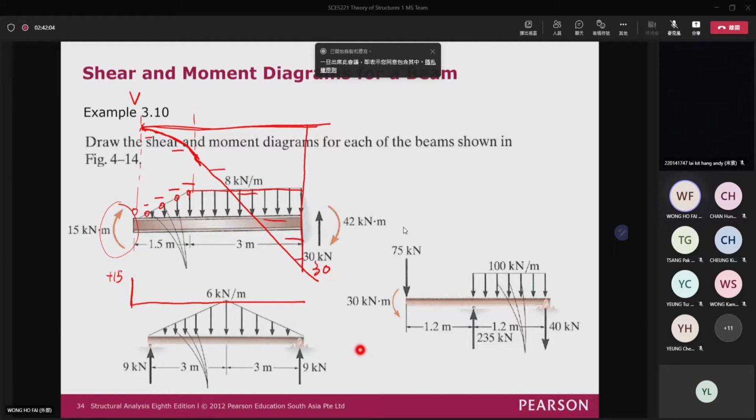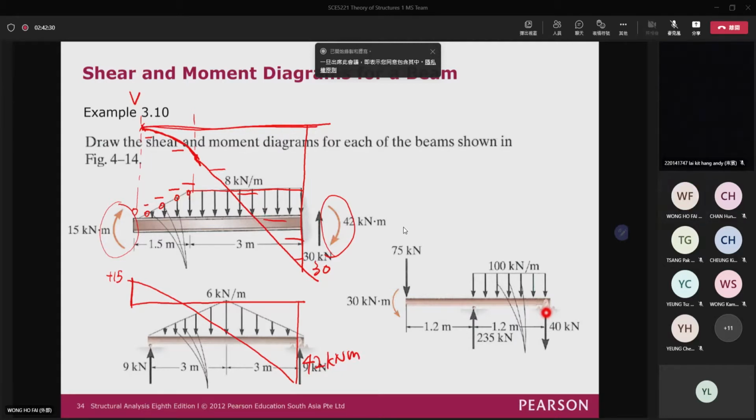So your bending moment will always be a negative value, right? So negative and more and more negative. And then finally, on the right-hand side it is equal to negative 42 kNm. So it will be something like that. And finally, it is equal to 42 kNm.